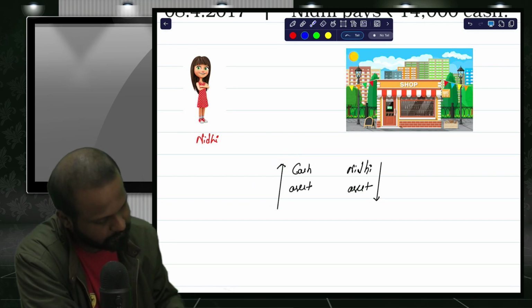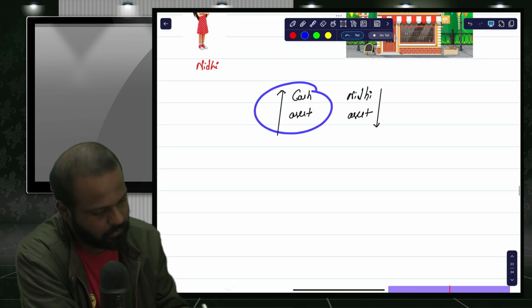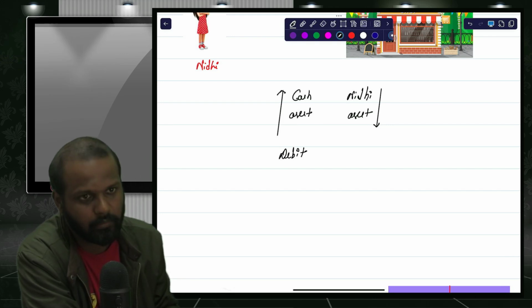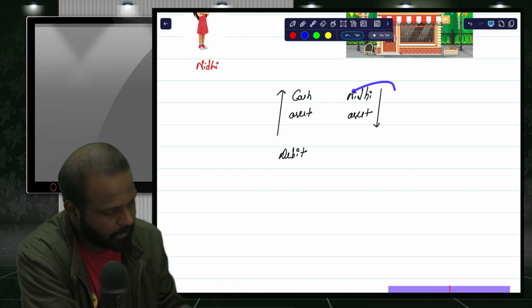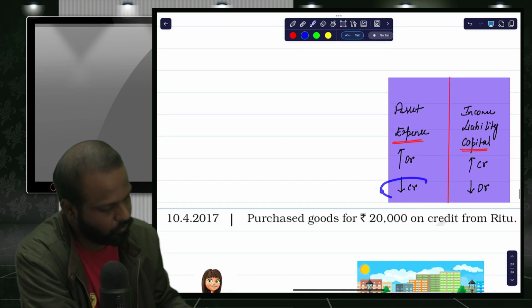Asset increases, we do debit. Asset decreases, we do credit.